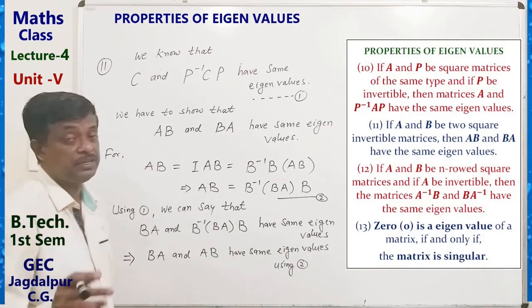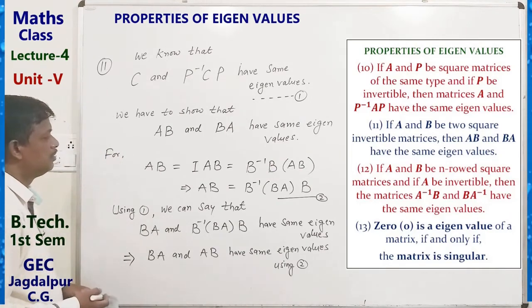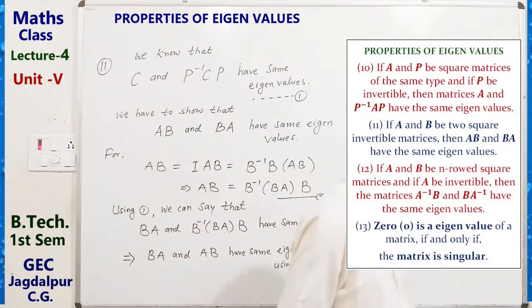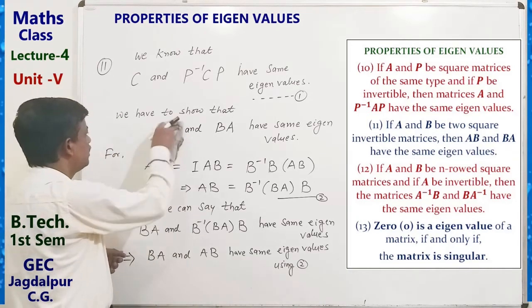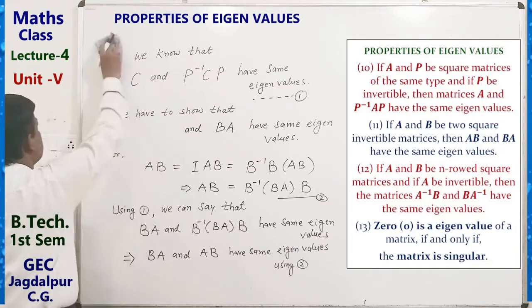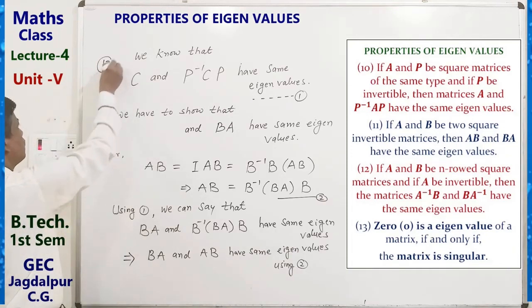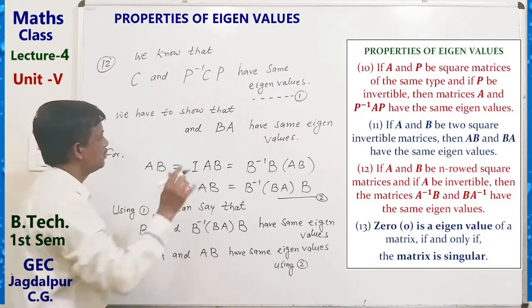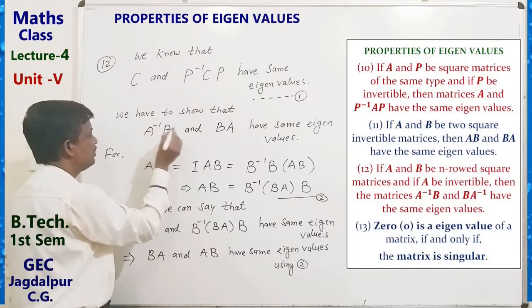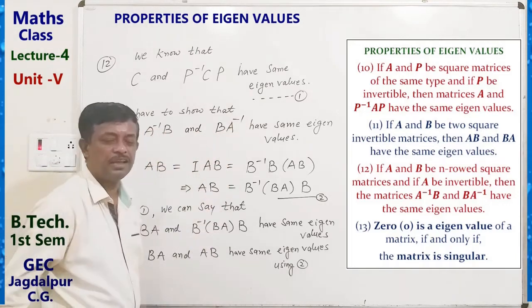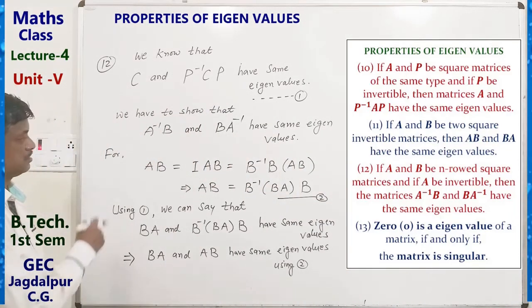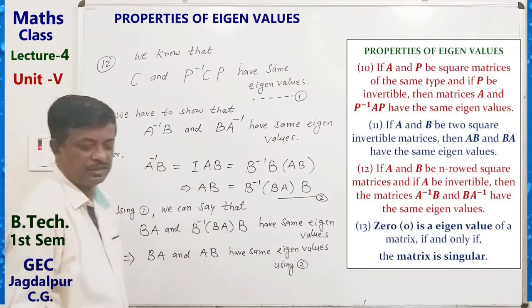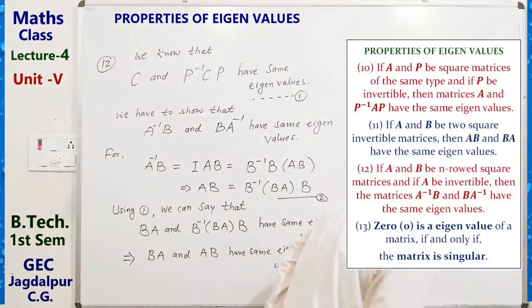So A inverse B and B A inverse have the same eigenvalues. By the same process, property number 12, this is our known result: A inverse B and B A inverse have the same eigenvalues when A is invertible. You can do it by the same process.